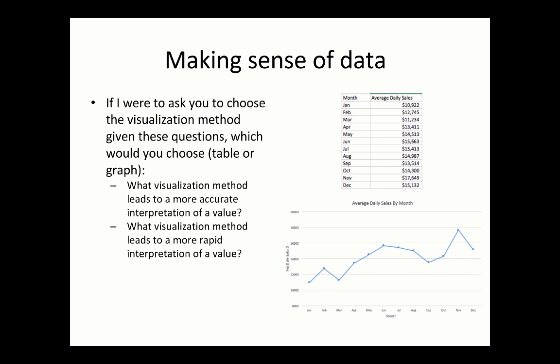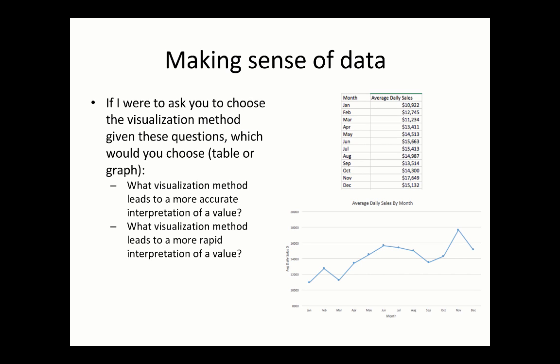Instead, if you were to do the same task using the graph, where you had to choose the month with the highest average daily sales, you can quickly see on the graph that the line at the point where it is for November is the highest. Therefore, you can quickly see that November has the highest value for the average daily sales.